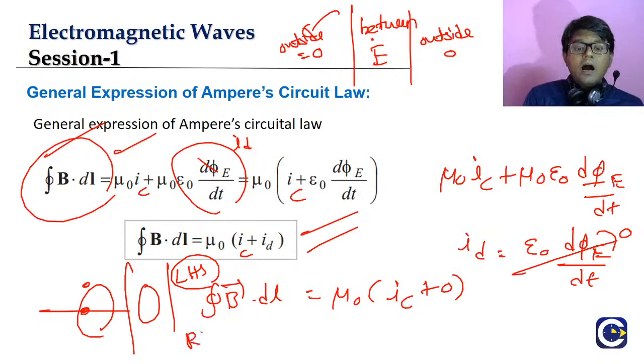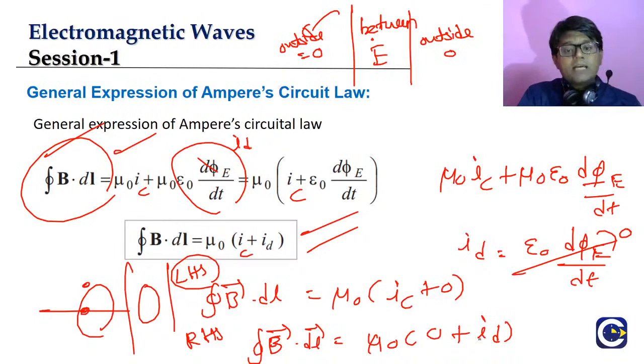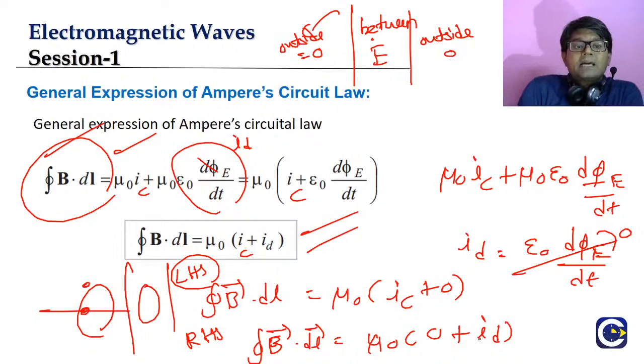RHS side, when you apply the modified equation, integral B dot dl is equal to mu naught into, on the RHS side, conduction current is zero. There is no conduction current. There is only the notional current which we introduce as displacement current, coming because of the changing electric field.